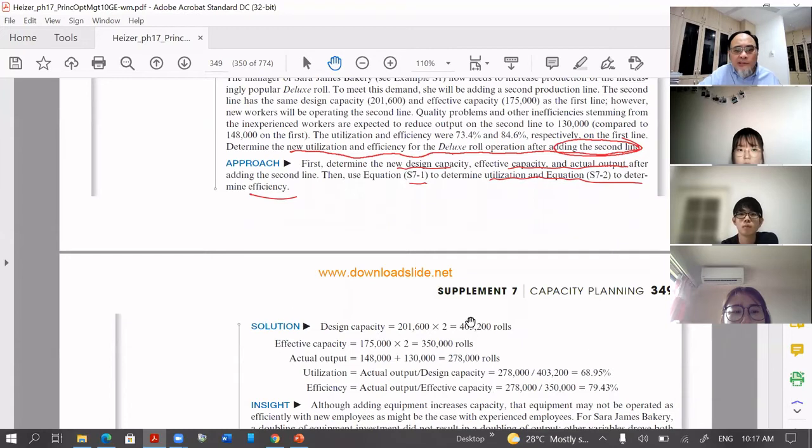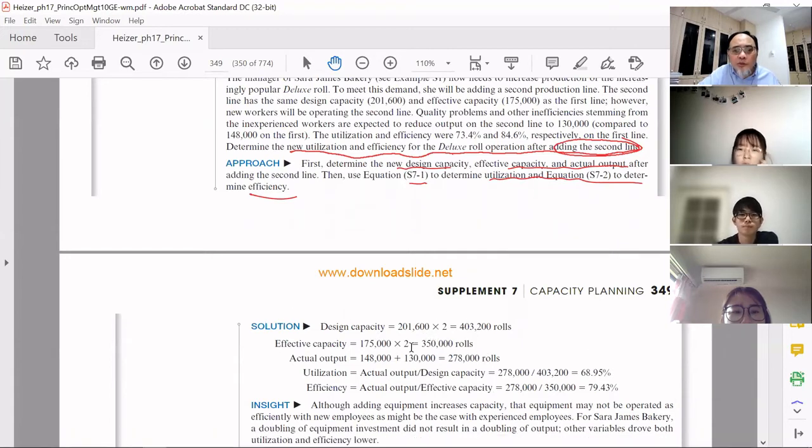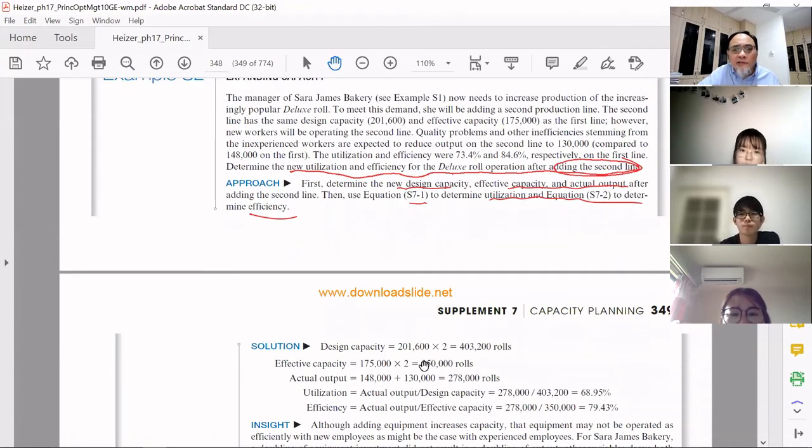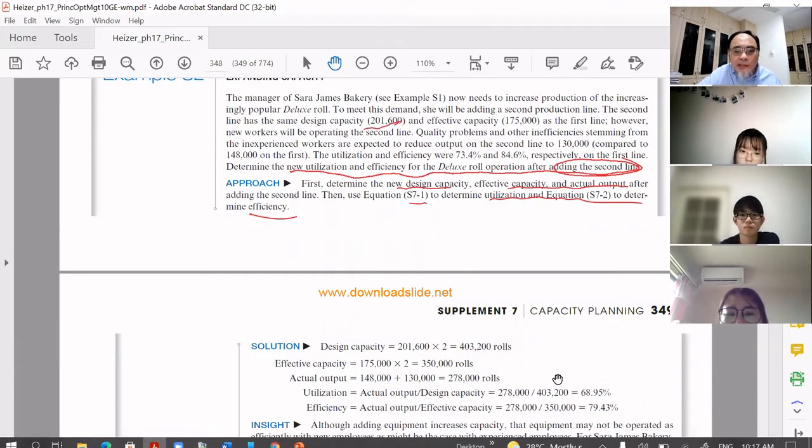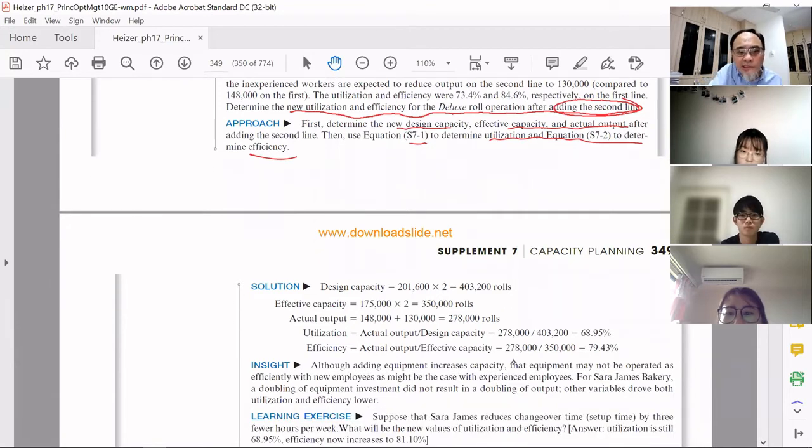So the design capacity is going to be 201,600 multiplied by 2, because we have two lines. This is the design.